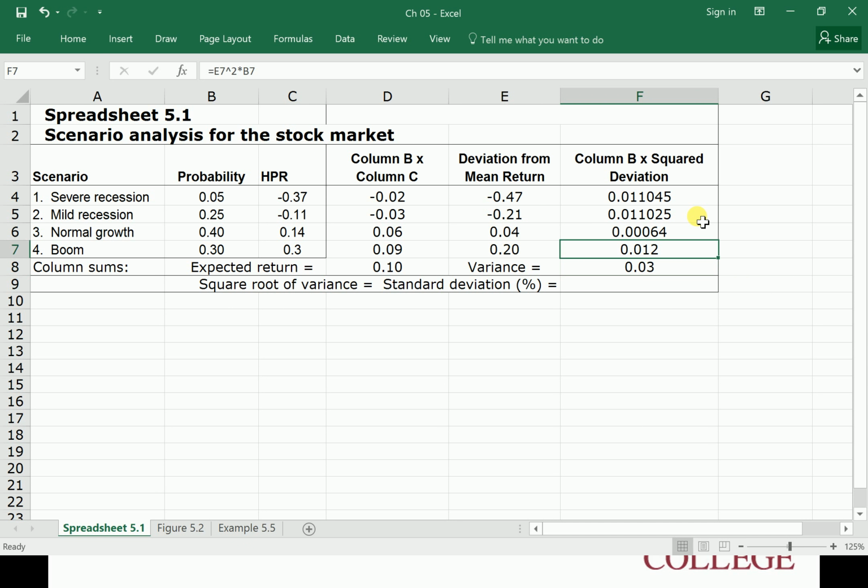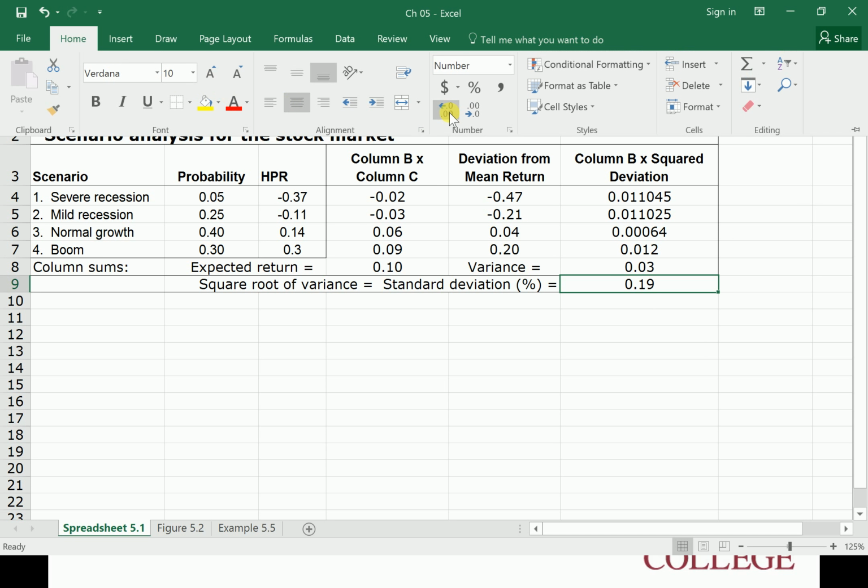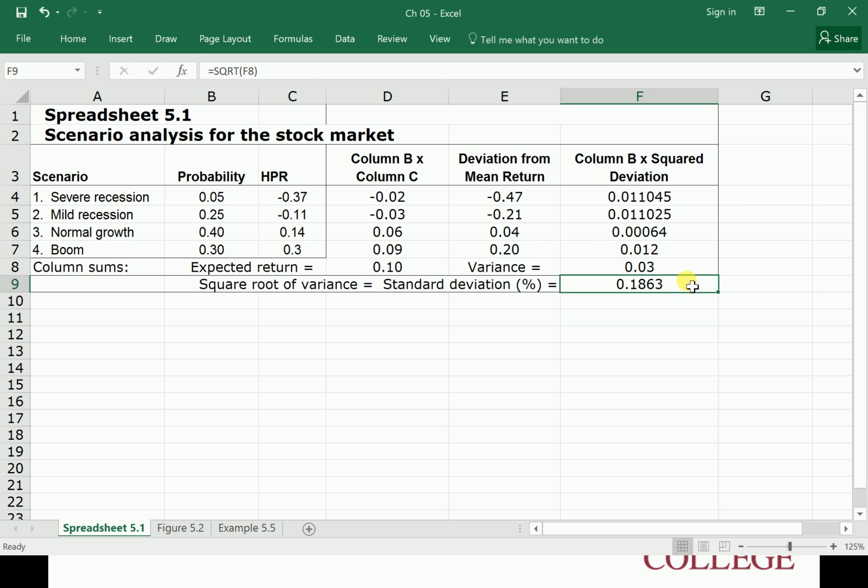But this is a squared number, right? So this unit is not the same as the return. This is not 3%. So let's make this the same unit, just take the square root of the variance. Then we have, in fact, 18.63% standard deviation. So that's the volatility.